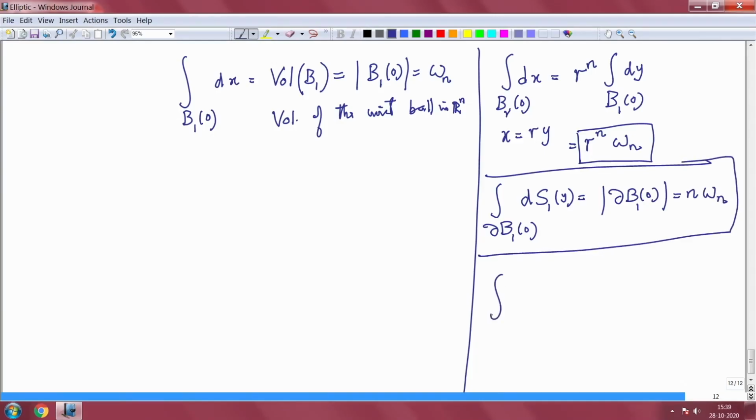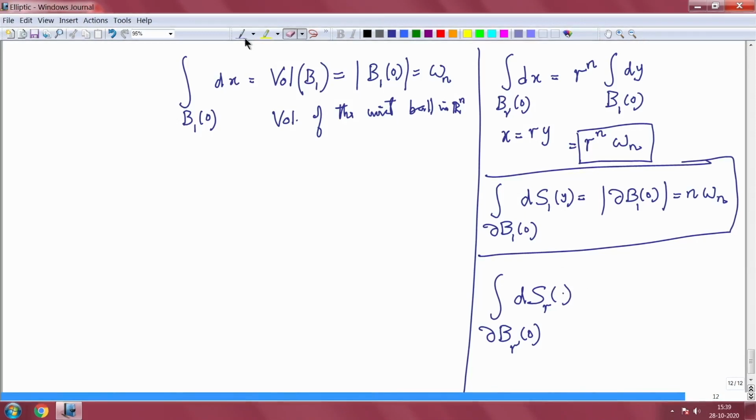And these are all formulas you have to be familiar with. For the boundary of Br of 0, how do you do these things? Integrating ds, this is a surface measure on the surface of radius r of y, there is no dy, we already put ds.